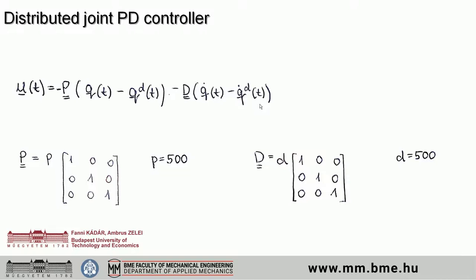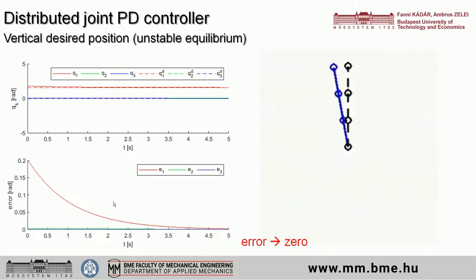It is very important to mention that the control input is linearly proportional to the error itself. For this 3 degrees of freedom manipulator, our P and D gain matrices are 3 by 3 matrices, and for the sake of simplicity we just try diagonal gain matrices. Let's see how it works.